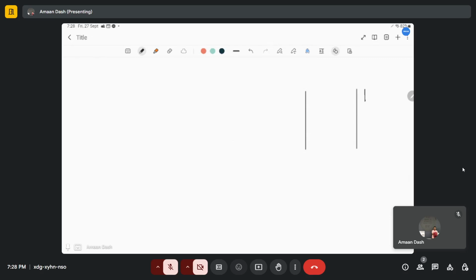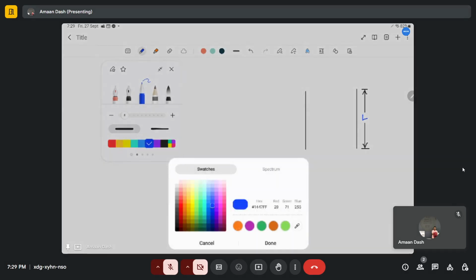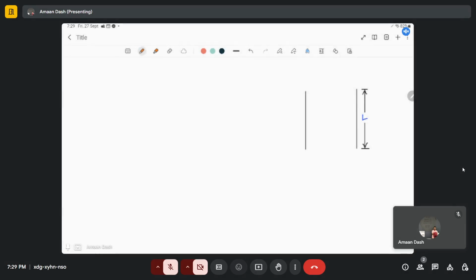Let me draw here. Let me write with a different color so it will not be confusing. L. And vapor is condensing, so let me draw with orange. Something like this on the inner walls.